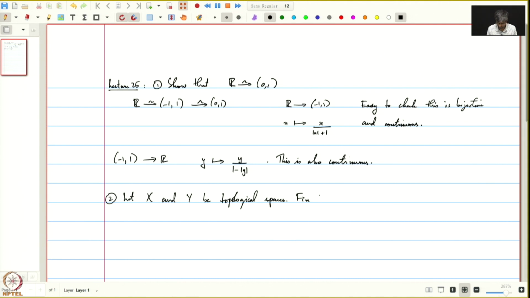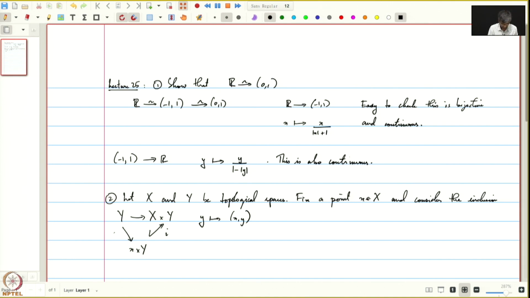Fix a point small x in X and consider the inclusion from Y to X cross Y given by y maps to (x, y). Let's call this map f. Then f naught is a homeomorphism.